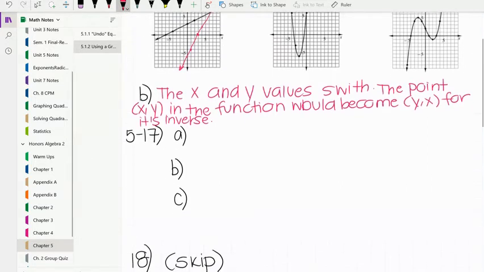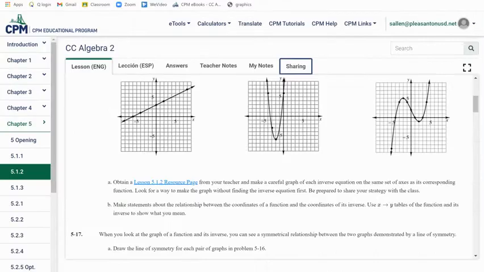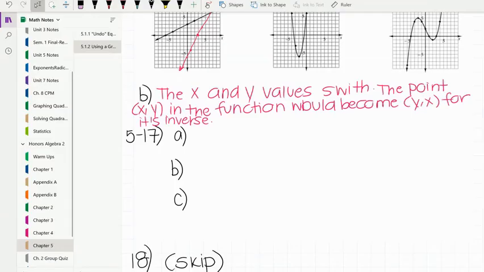All right, moving on to question 17. It says, when you look at the graph of a function and its inverse, you can see a symmetrical relationship between the two graphs demonstrated by a line of symmetry. Draw the line of symmetry for each pair of graphs in problem 5-16.